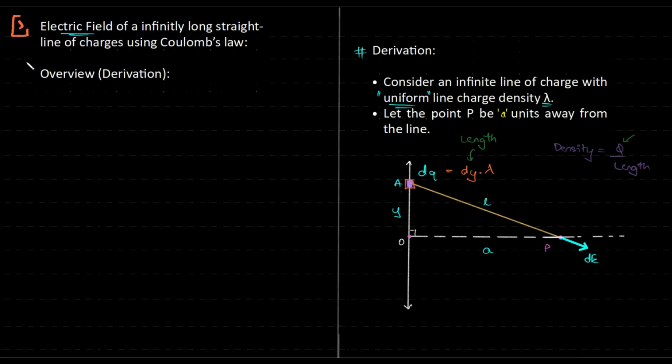So let's start off by looking at what is changing. So we have dE, that's clearly changing. Then we have the position of A, so basically Y is changing, L is changing. Agree? And what is fixed? a is fixed.